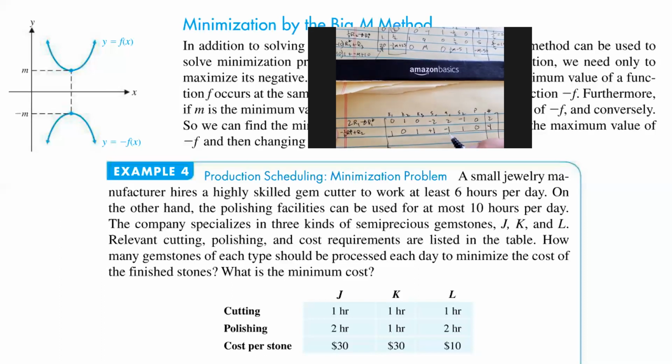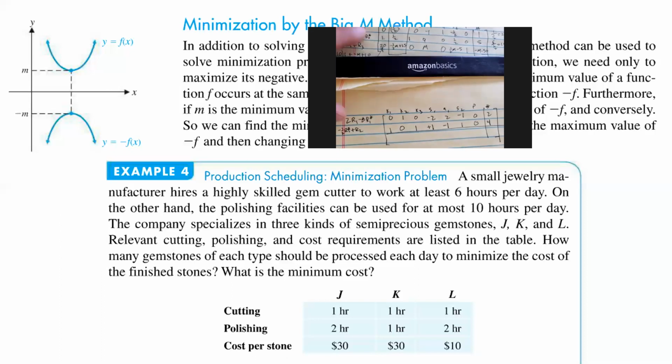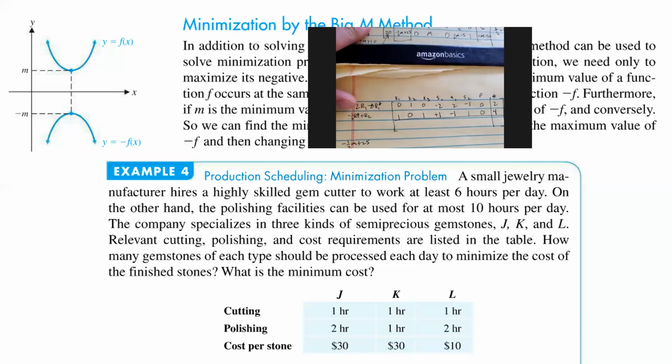Now, let's go through and get that bottom row cleaned out. I need to get rid of the negative a half m plus 25, okay? I need to get rid of that bottom row. So if I just did 1/2 m times row 1 plus row 3, shouldn't that do it?